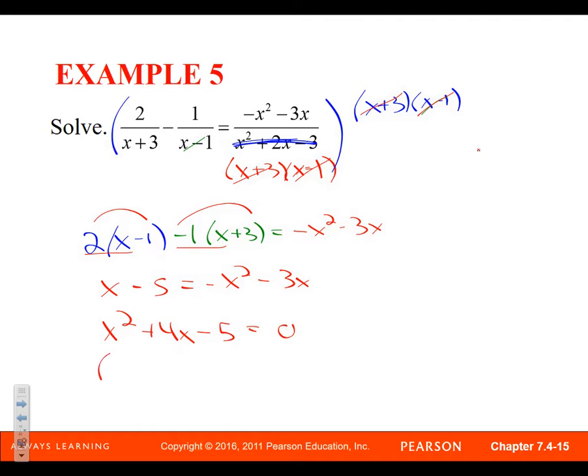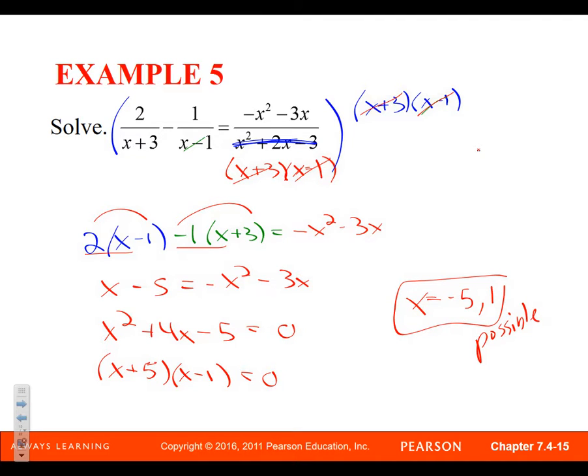Which is what? x plus 5, x minus 1. So possible solutions in this case are not just one, but two of them. My possible solutions are going to be negative 5 and 1. Possible.